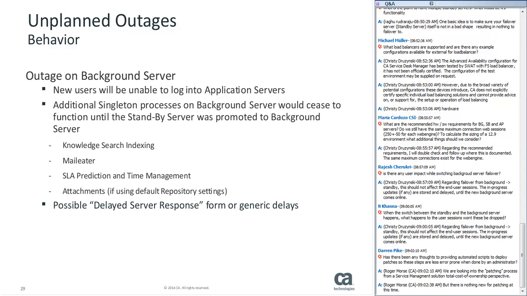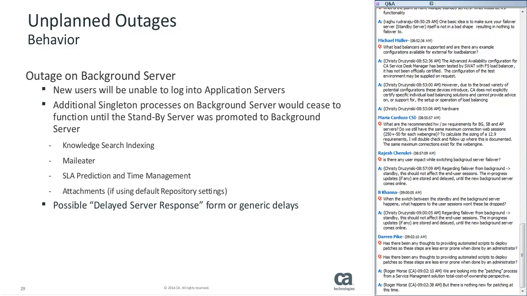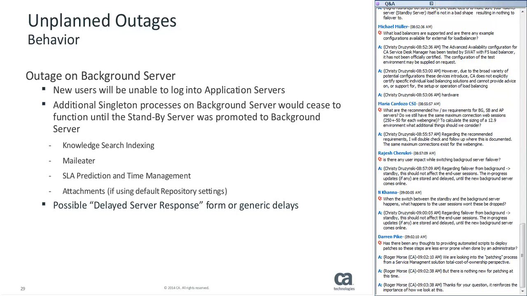But assuming you're using the default, if the background server were having an outage, attachments would be temporarily unavailable. Also, you may get prompted with a delayed server response form or some generic delays. For a large portion of the tasks, users already logged into the application servers should be able to complete them without a problem, but there may be some instances of messages and warnings.